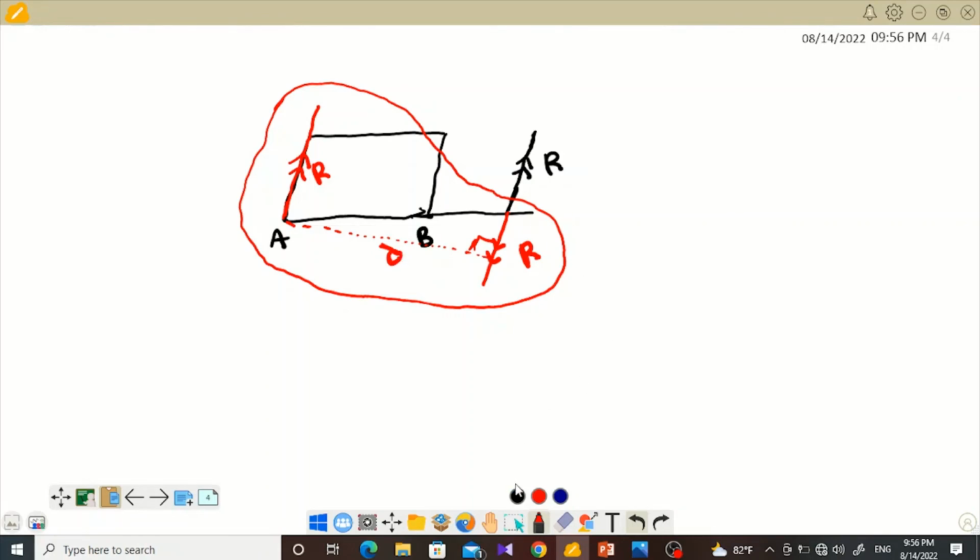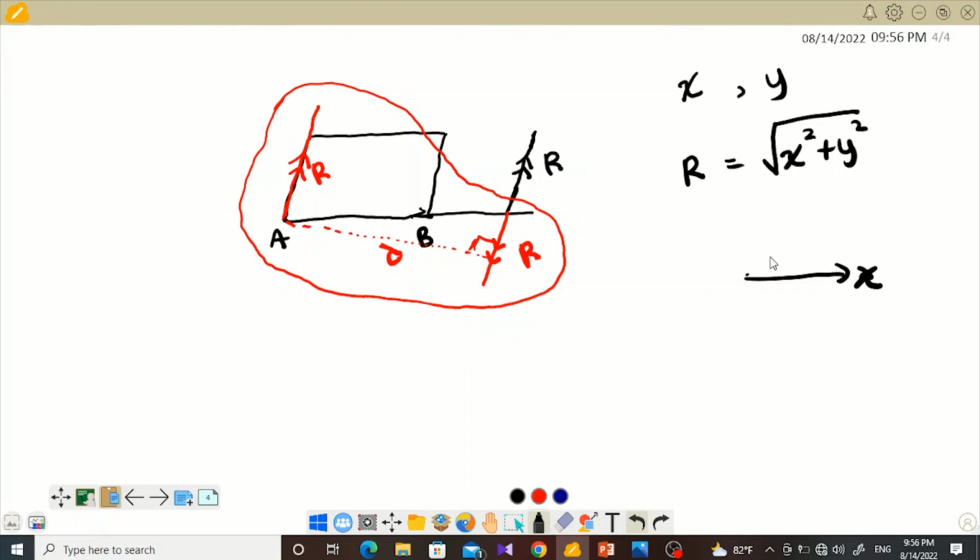And then we have to find the resultant force. We have an x component value equal to X and a y component value equal to Y. Then we can write the resultant as the square root of x squared plus y squared. So we have an x value and a y value.